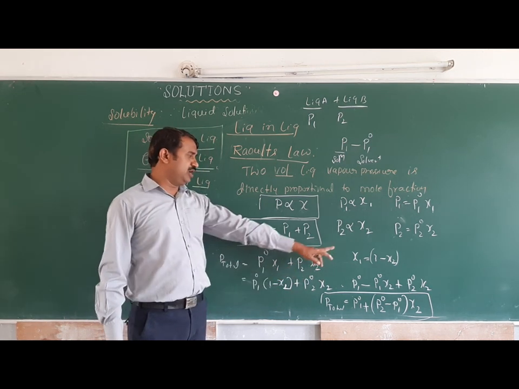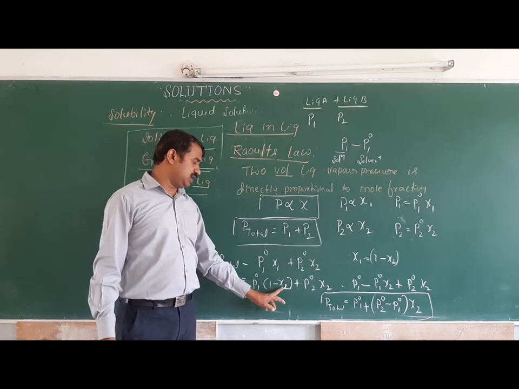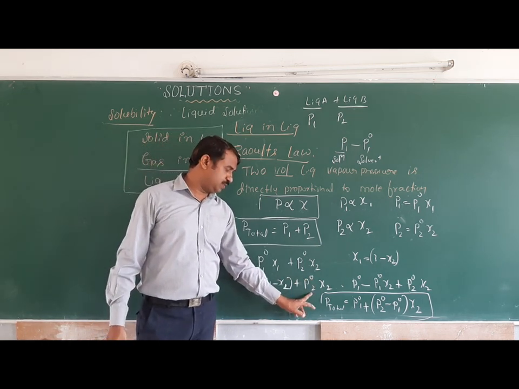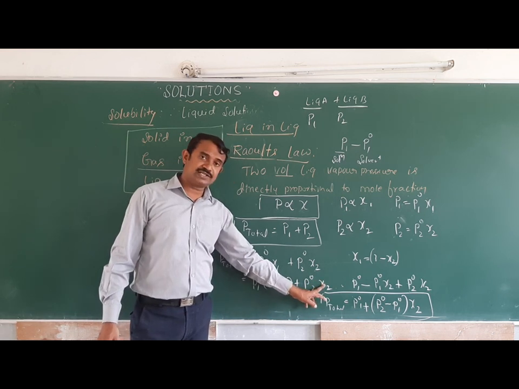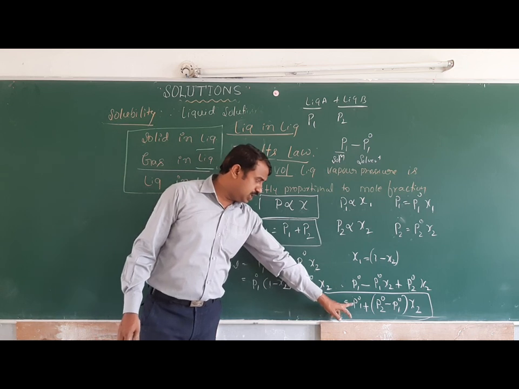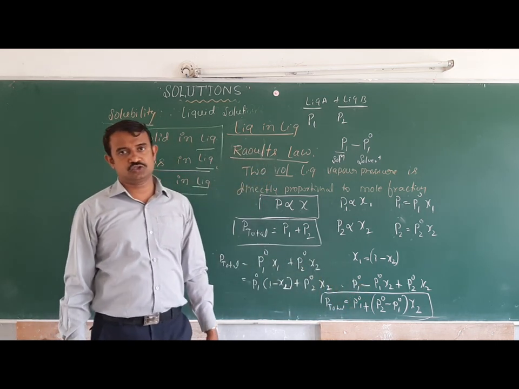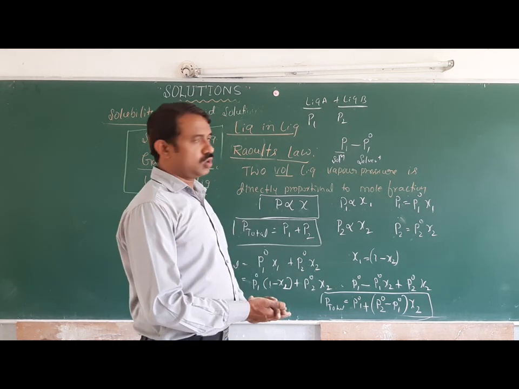When X1 is given as 1 minus X2, we remove X2 as a constant and get P01 plus (P02 minus P01) X2. This is Raoult's law.